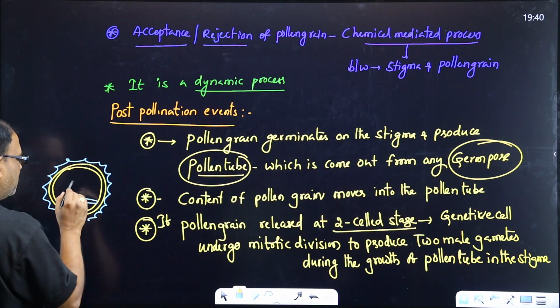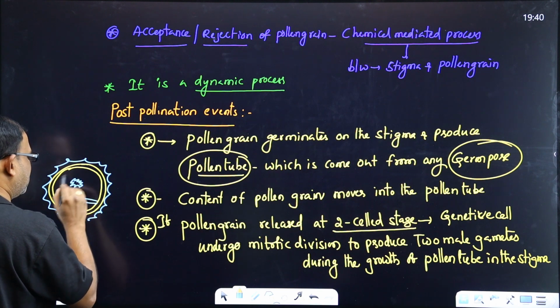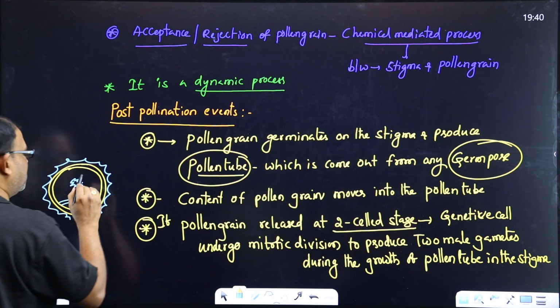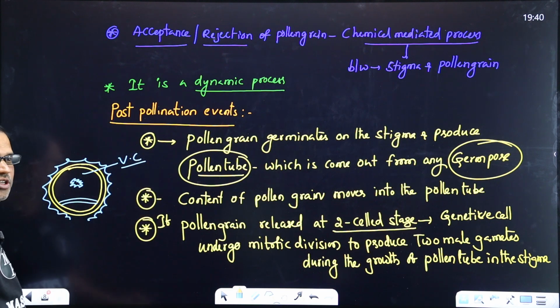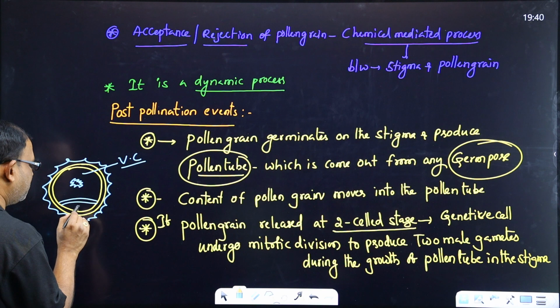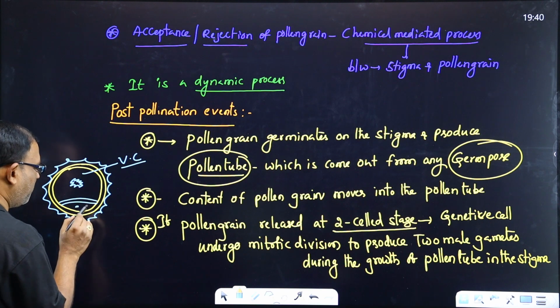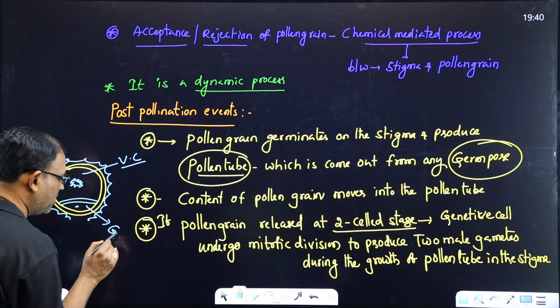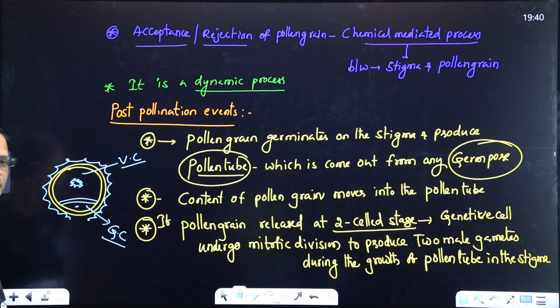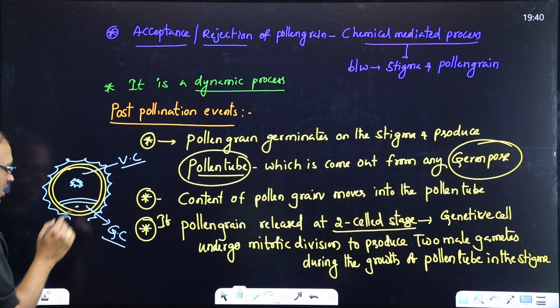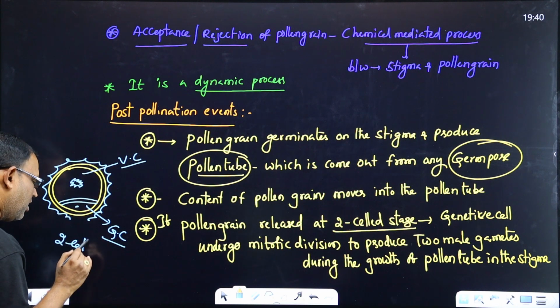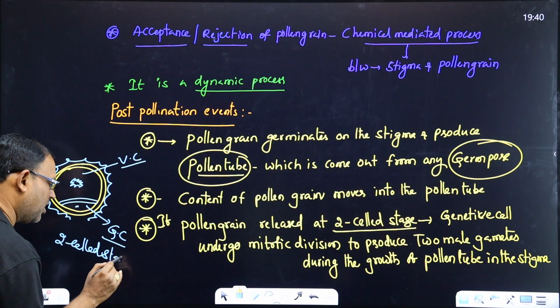Irregularly shaped nucleus is present in one cell, called the VC, the vegetative cell. The other has a prominent nucleus in the cytoplasm, called the GC, the generative cell. This stage is called the two-celled stage condition.